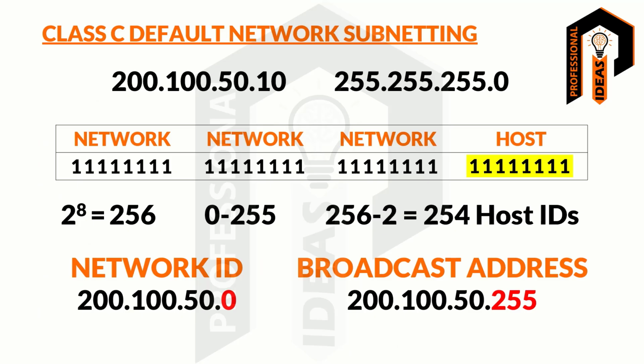This means that we always have to subtract 2 from 256, which equals 254. So in an unsubnetted class C network, there are 254 valid host IDs.